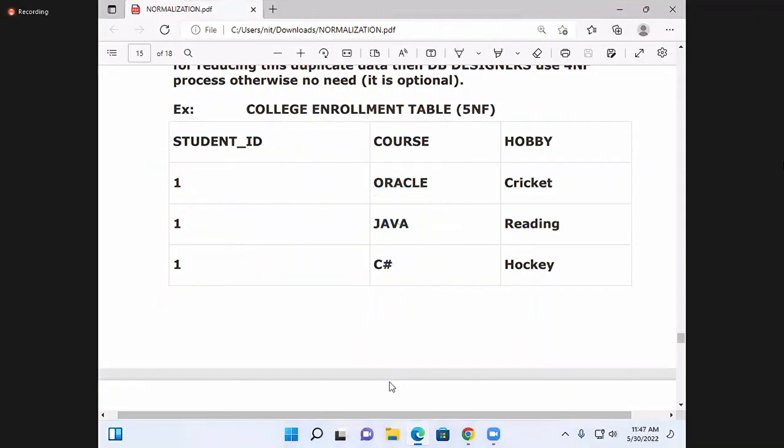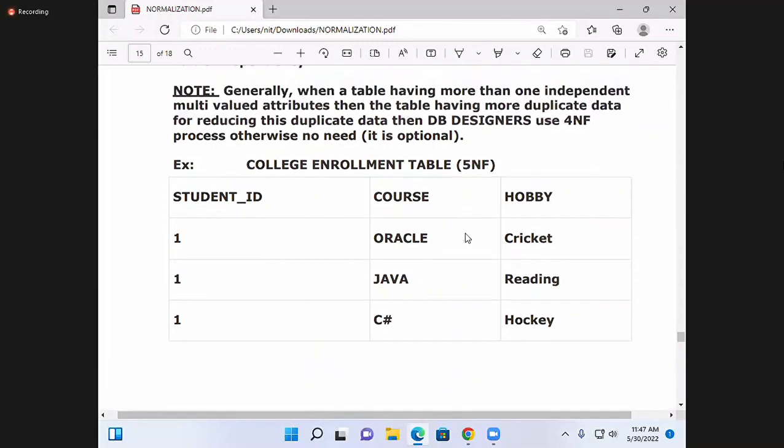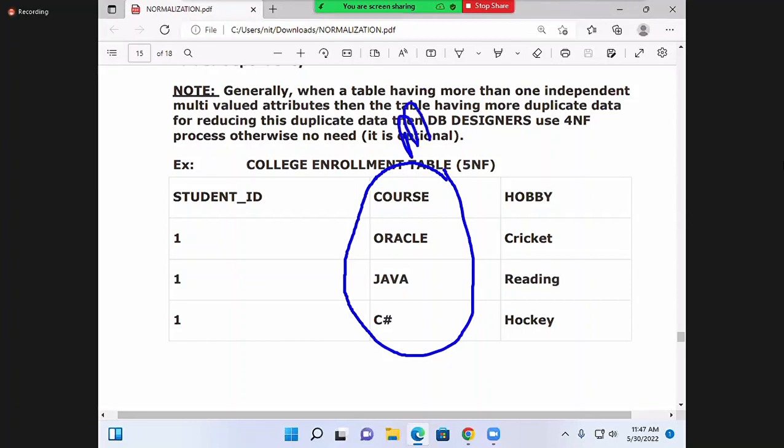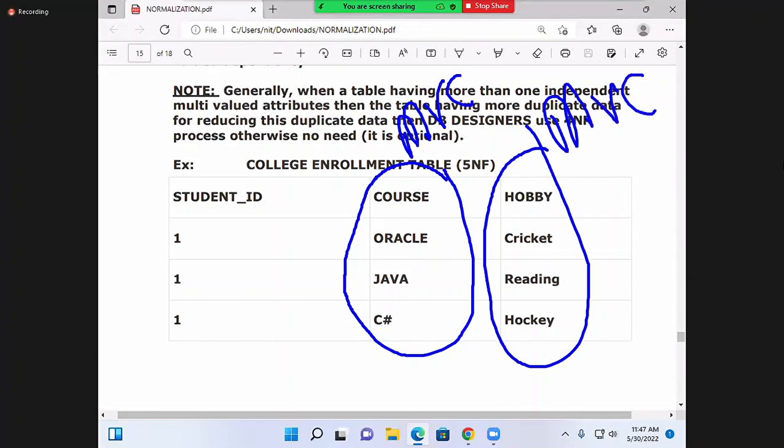But carefully tell me, in this table, how many multi-valued columns are there? There are two. Course is a multi-valued column, and hobby is also a multi-valued column. That means in this table I have two multi-valued columns.